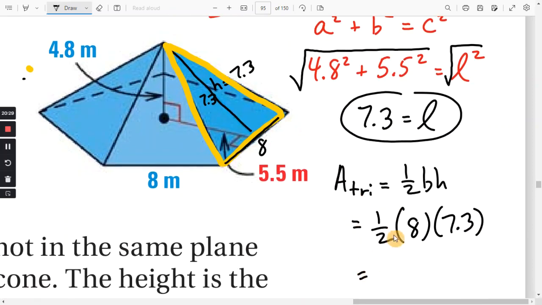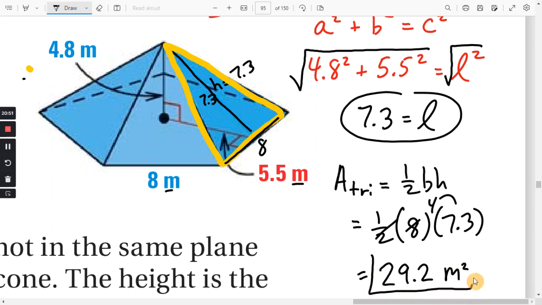Even if you cancel, we know 1/2 of 8 is 4, but I'm going to need the calculator. 4 times 7.3 is going to give me 29.2. Okay, all of the units were in meters, so the units for an area are going to be meters squared.